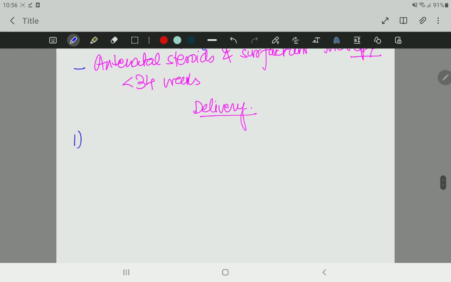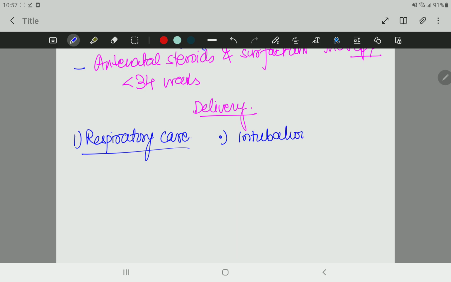The first thing is respiratory care. This includes intubation at birth if it is needed. One should not rely upon mask ventilation and should avoid it; it is a contraindication.